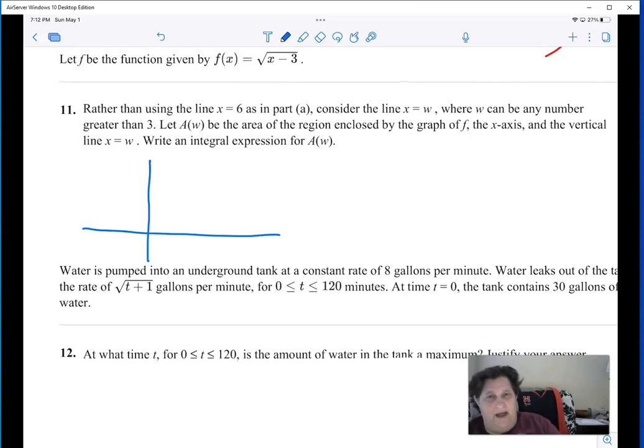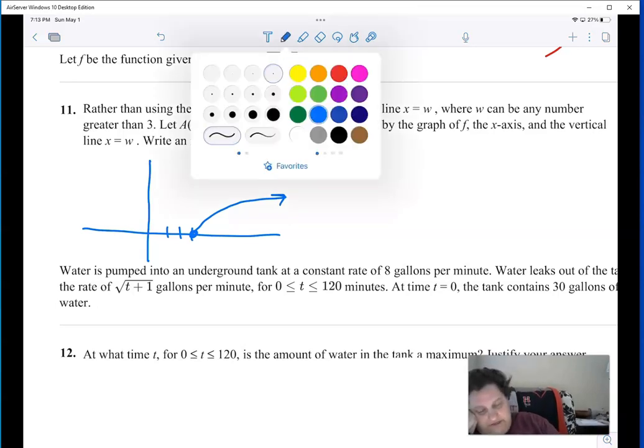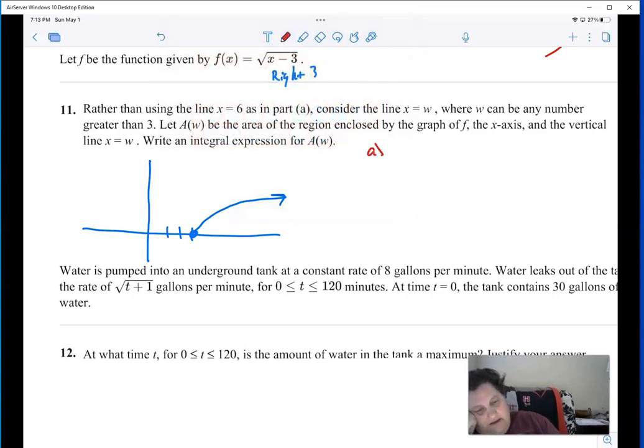All right, I'd like you guys to know it's moving to the right 3. That's what this looks like. It sounds like this had a two-part question. The first part said to find the area. I'm actually going to do this because it'll help me figure out the next part.